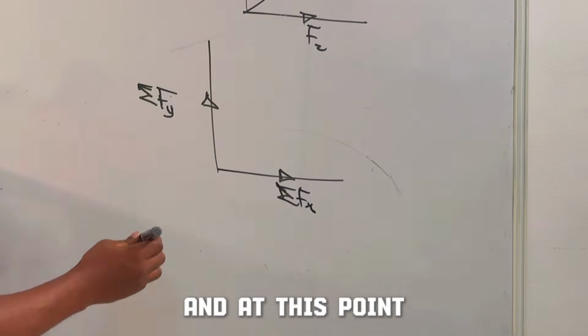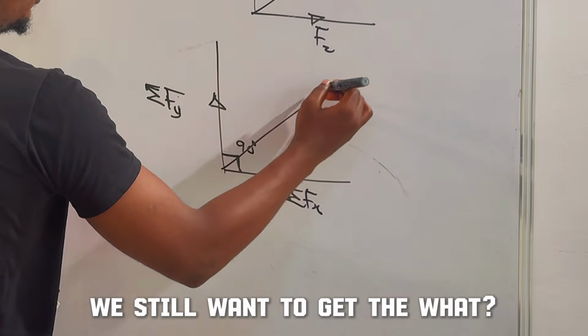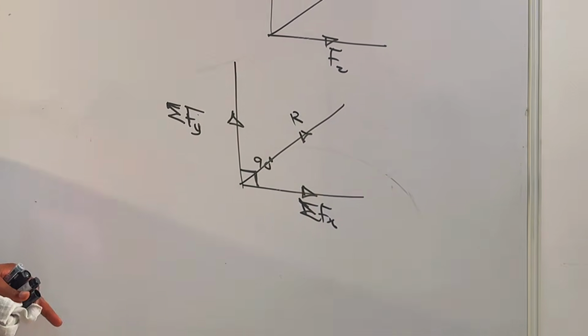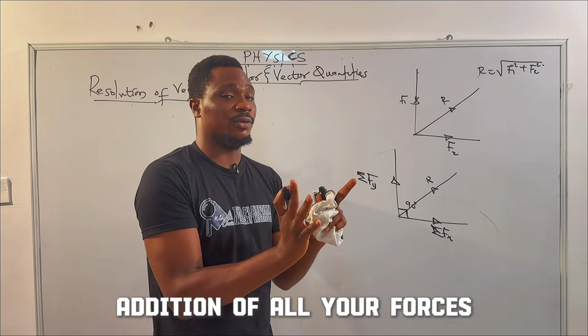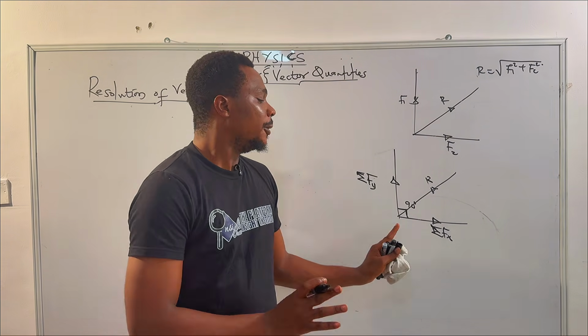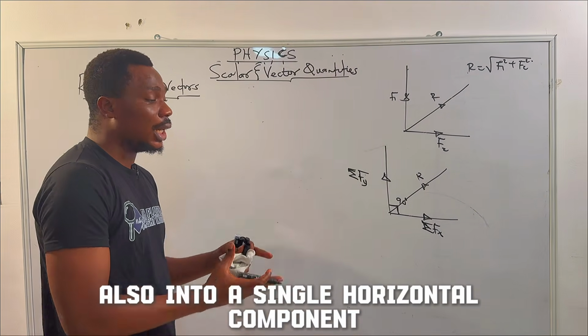Fx. At this point, the angle between the two vectors still remains what? 90. In this case, we still want to get the what? Resultant. So in resolution, we need a single vertical component, the addition of all the forces, and also a single horizontal component, the addition of all the forces.